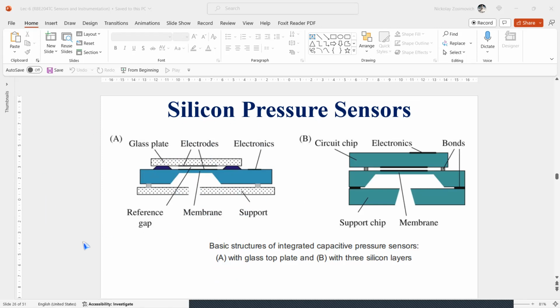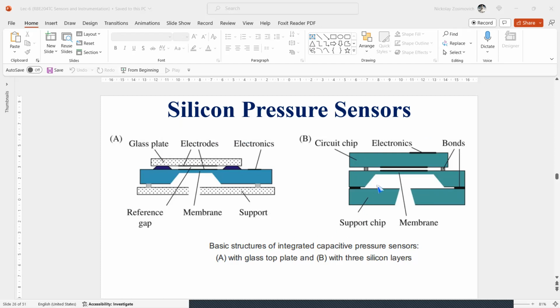The support layer and top layer can be made from silicon or glass. The electronic circuitry resides on the membrane chip or the silicon top layer. The layers are connected using special techniques. This figure shows some examples of integrated capacitive pressure sensors, with the vertical scale much larger than the horizontal scale.